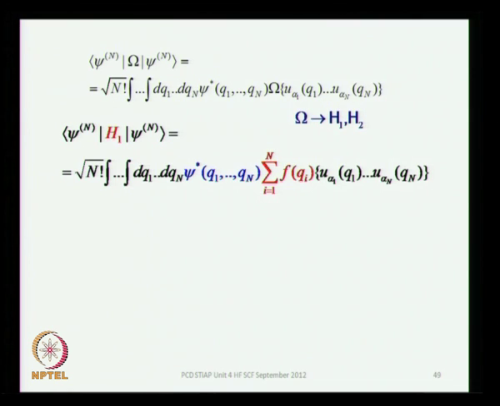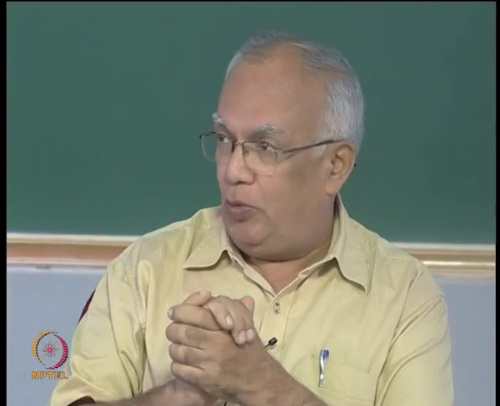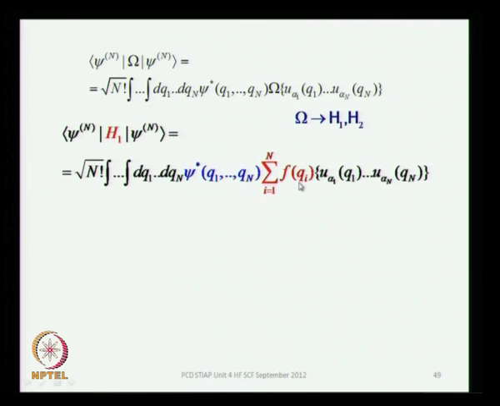And what is H1? H1 is the sum of the kinetic energy part of each electron plus the potential energy of that electron in the field of the nucleus, the Z over R, or the ZA square over R if you like, right, that is H1. So this depends on a single coordinate, which is why it is a single particle operator.